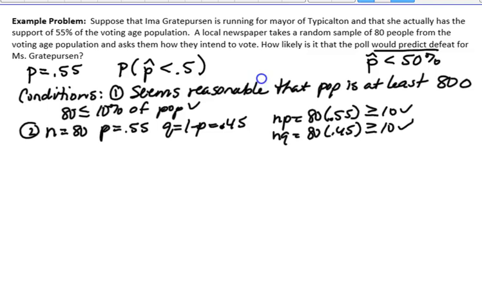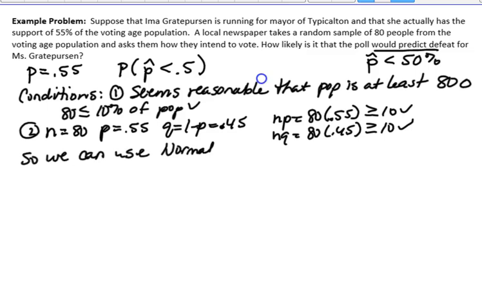A little more than 50% of 80, a little less than 50% of 80. They're both around 30 to 50-something. So that has been met too.